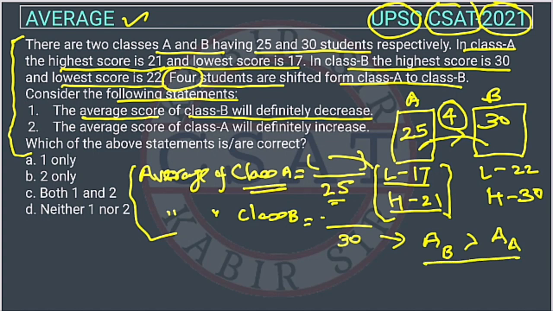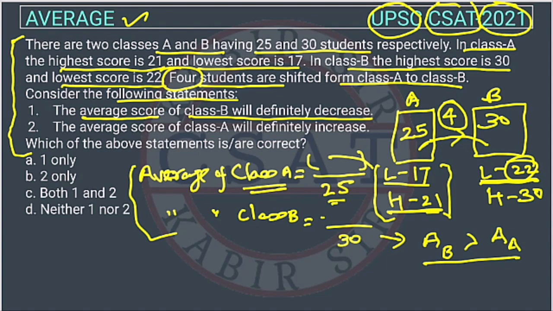Because here the lowest score is 22. So all the students or most of the students have marks or score greater than or equal to 22, right? But here the maximum is only 21. So the average of class B will be greater than 22 at least, right?